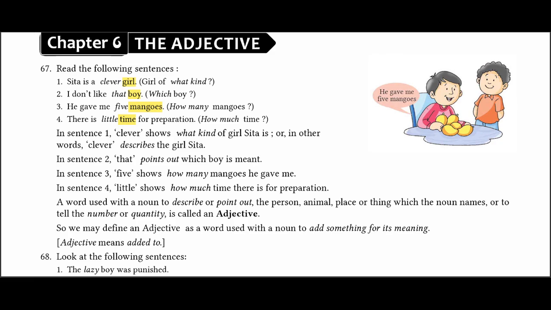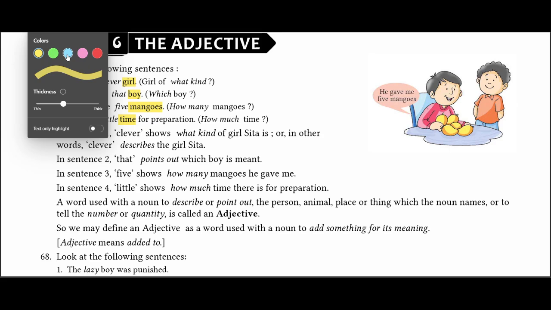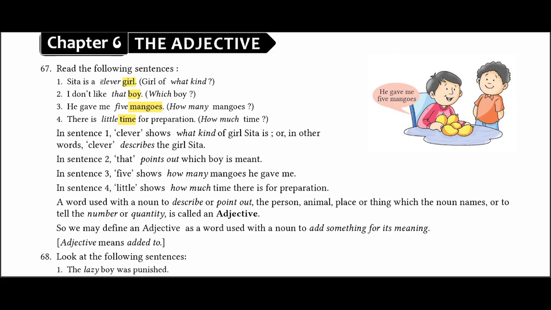Now look at these words. Clever. What is this word doing here in the sentence? What is its function, its role? It answers the question, what kind of a girl is Sita? Clever.